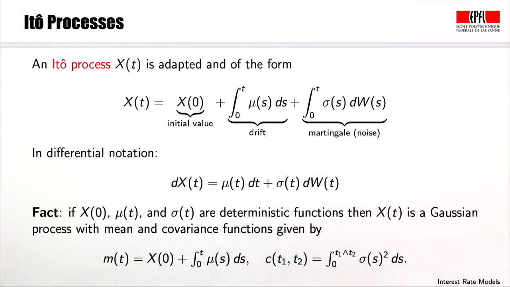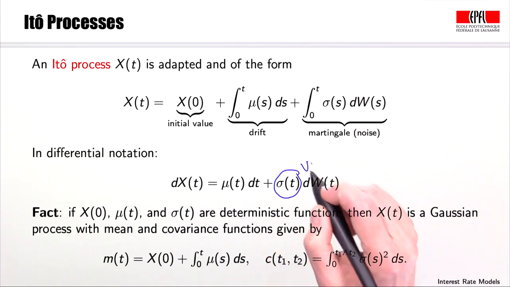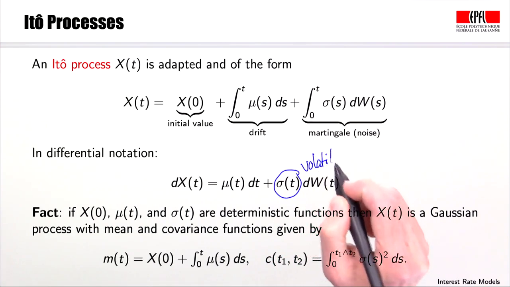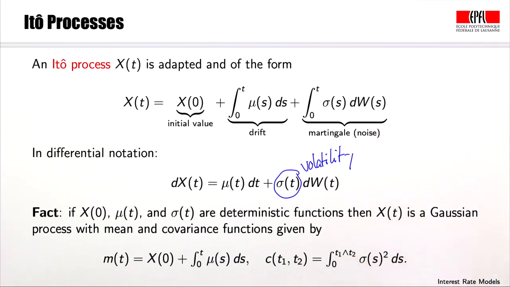We often use differential notation for x, where we omit the initial value and write as shown here. Keep in mind, whenever we specify an Ito process x in differential notation, there is always an initial value to be specified with it. Sigma is also called the volatility of the process x.